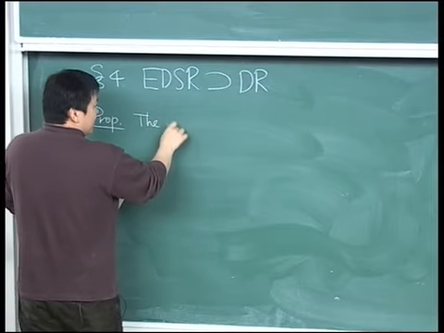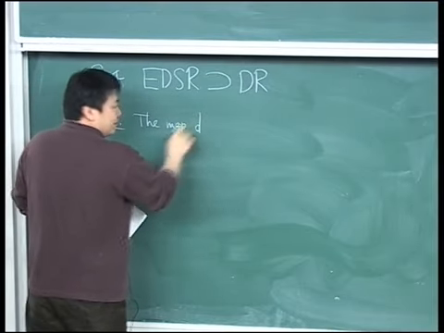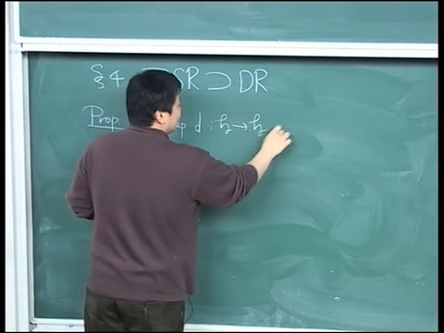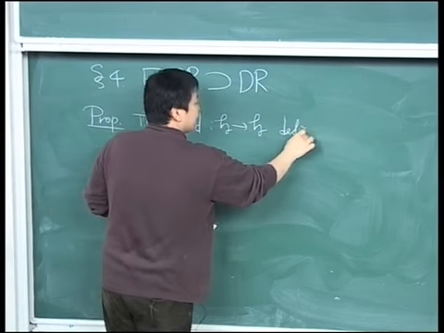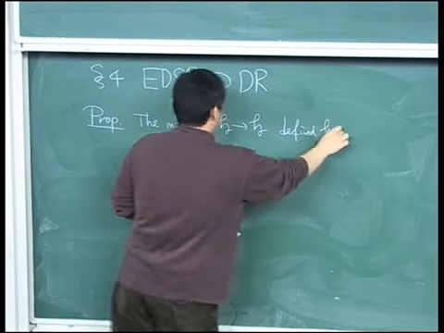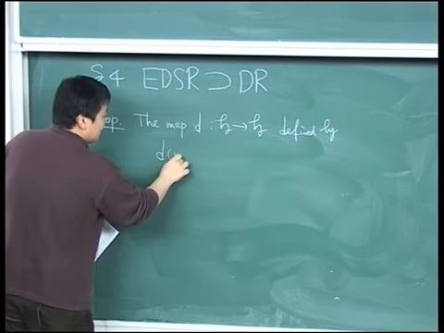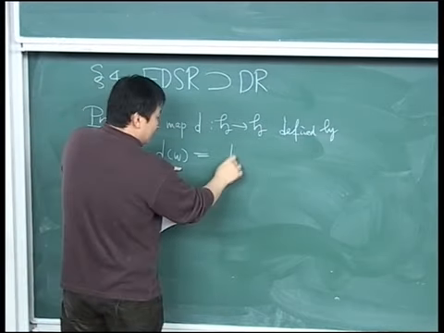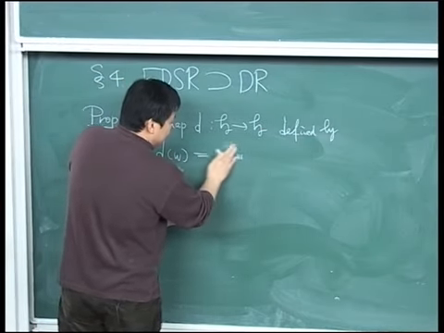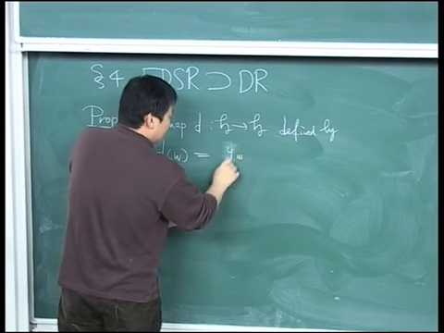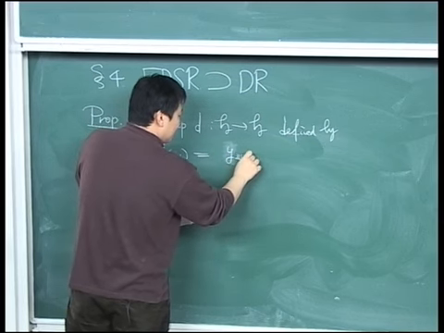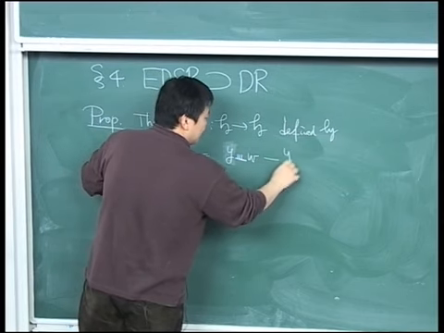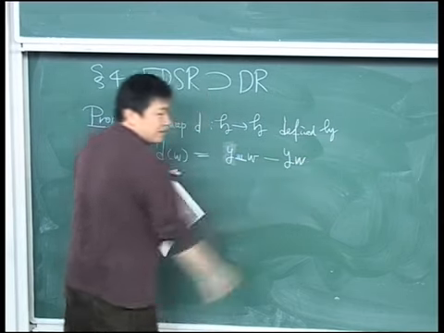So if you define the map D, D w is defined by the difference, shuffle w minus yw.